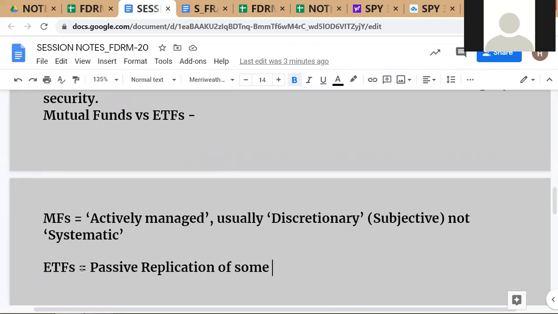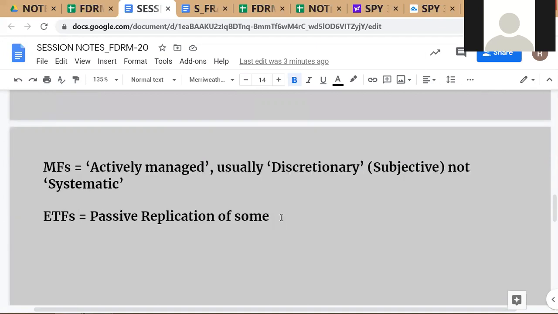But when you look at ETFs, they are passive replication of some index, okay, or asset. Let's use a more general term, index or asset.